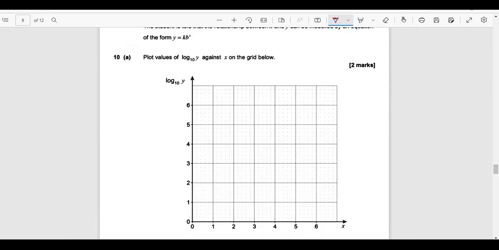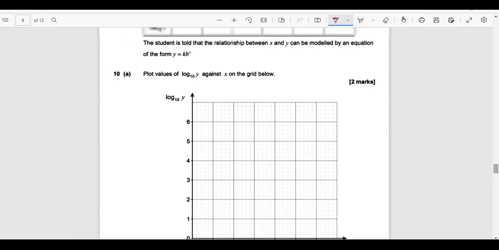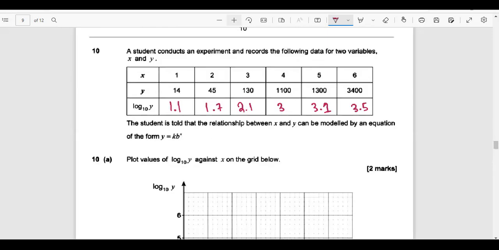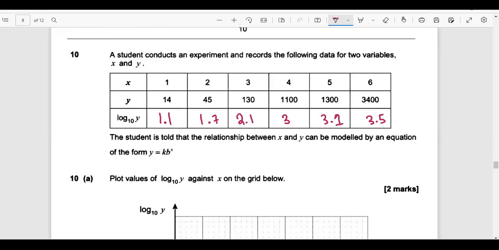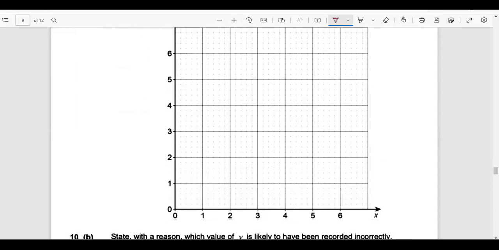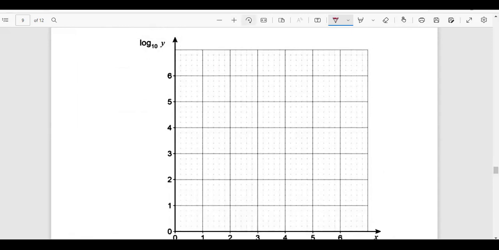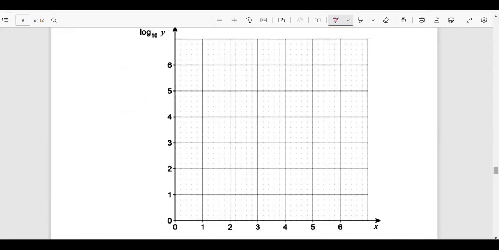Now I'll plot it. You can just take a screenshot on your phone and then you would know. And then I'll scroll down, okay? The most important part of this graph is that you need to understand the weightage of one small box.